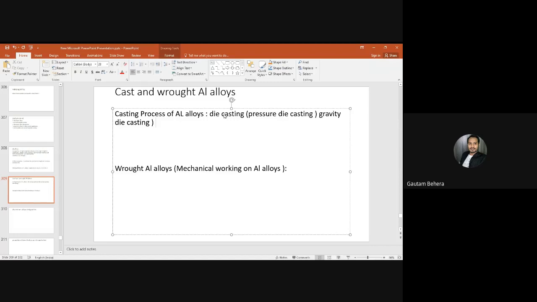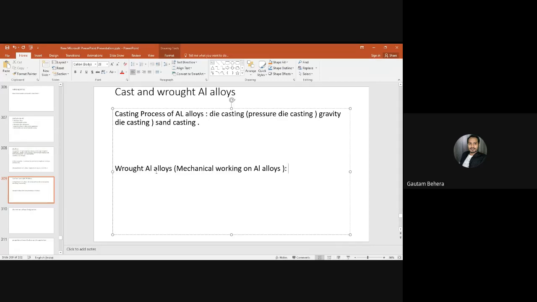A die will be there, then you insert your molten metal into it forcefully, and you get a shape out of that. And you can also do sand casting sometimes, and other castings also.